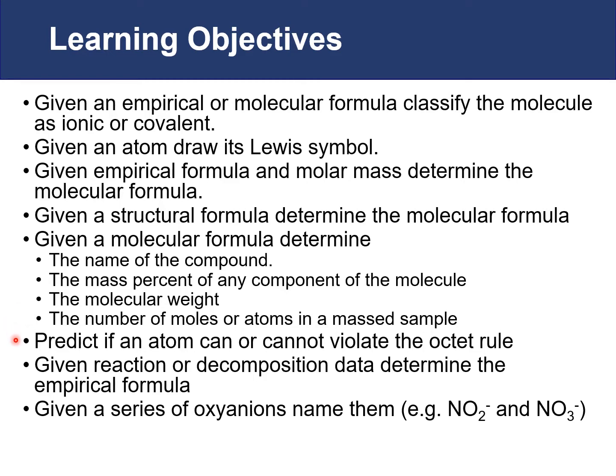You should be able to predict if an atom can or cannot violate the octet rule, and given reactions or decomposition data, determine the empirical formula. And finally, given a series of oxyanions, name them. So that would be the nitrite versus the nitrate.